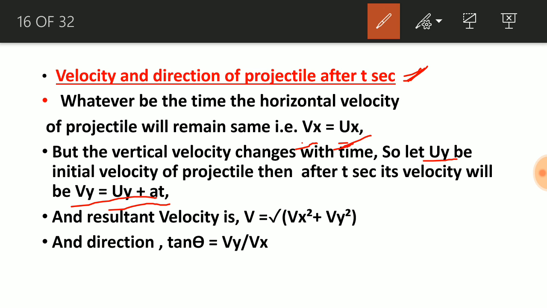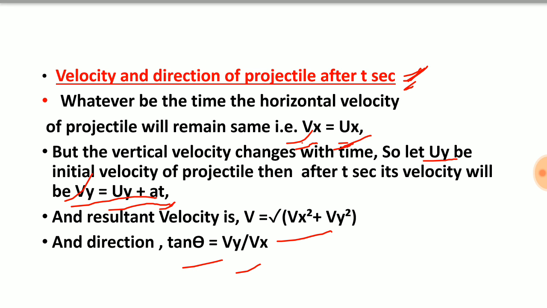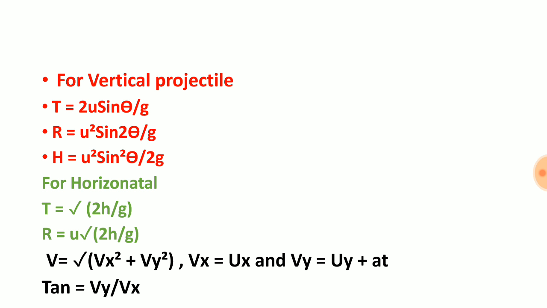Now the resultant velocity is root under vx square plus vy square, and the direction is tan theta is equal to vy by vx. In this way we can get the velocity after t second. We will be applying this in upcoming numerical problems so that it will be clear for you.